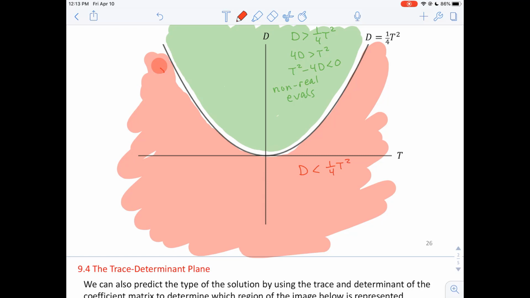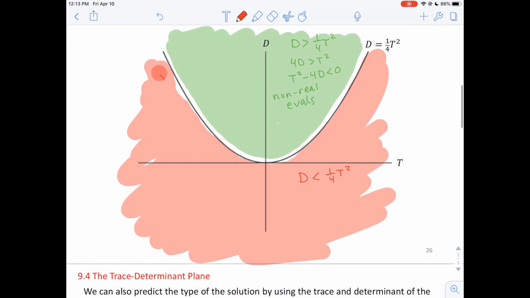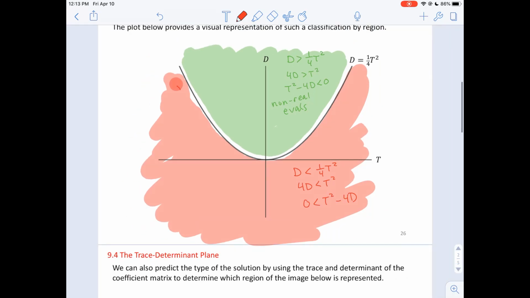And I'm going to produce t squared minus 4d. I'm going to multiply by 4, and then subtract the 4d. I'm trying to create an expression that involves t squared minus 4d. And in this case, that's more than 0. So if your discriminant is positive, t squared minus 4d, the term inside the radical, is positive. That means we're going to have two real eigenvalues that are distinct.